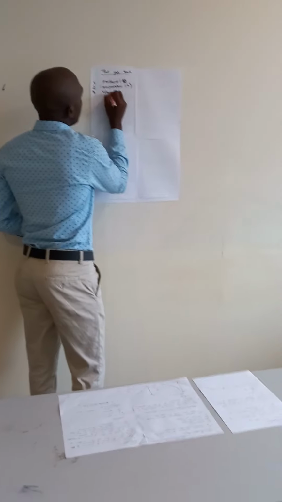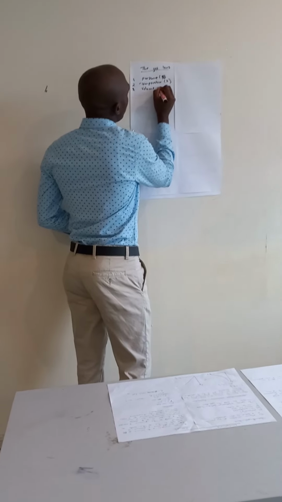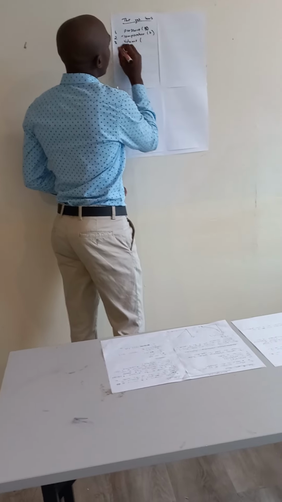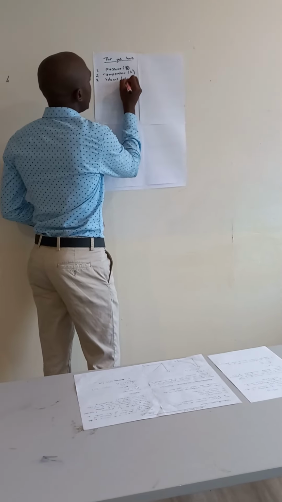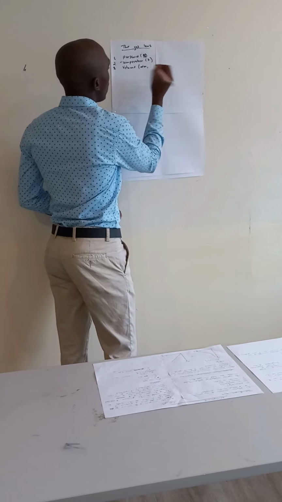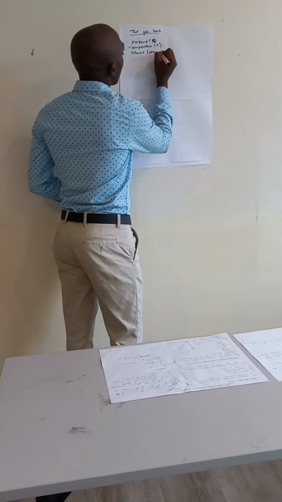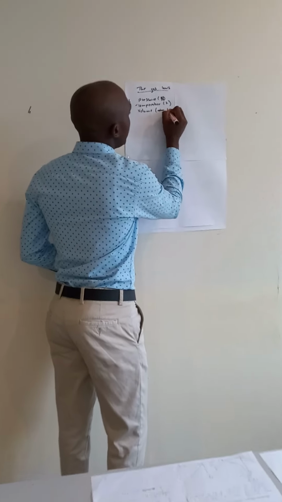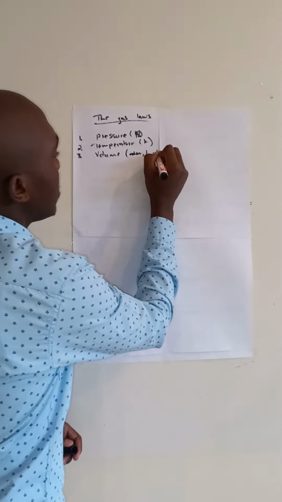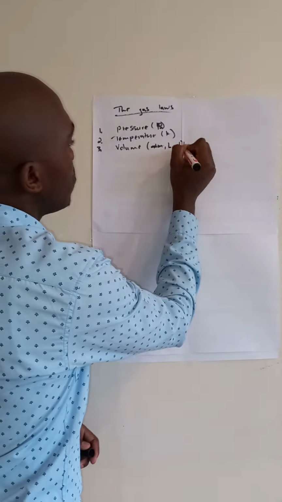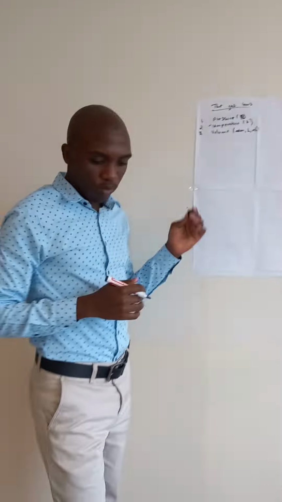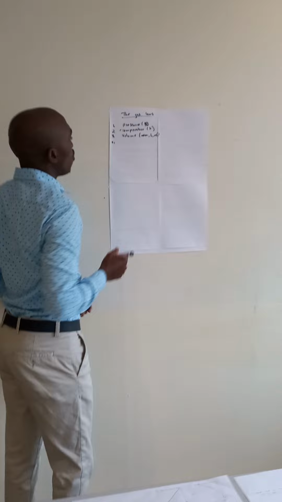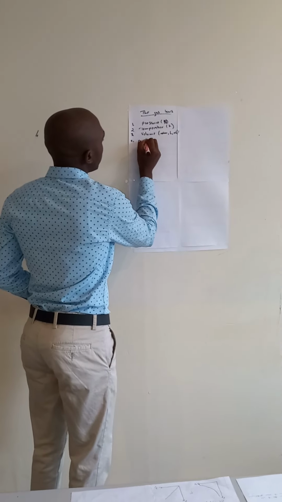We can measure volume in liters, milliliters, any SI units that are used to measure the volume. We'll use them. And the last one will be your number of moles.